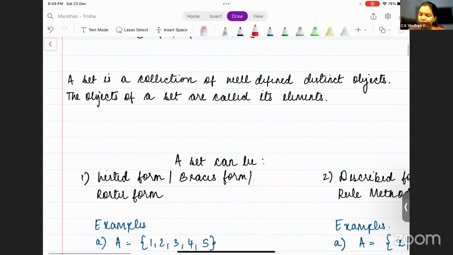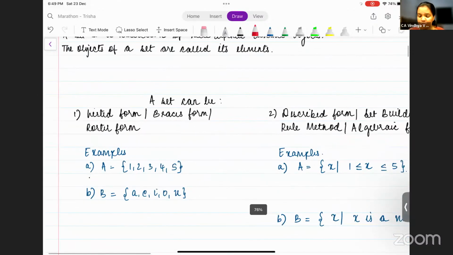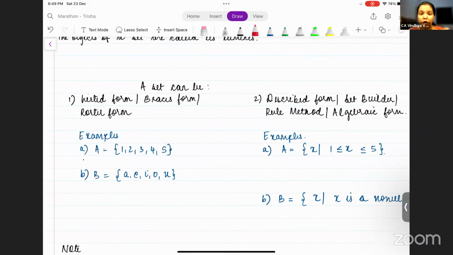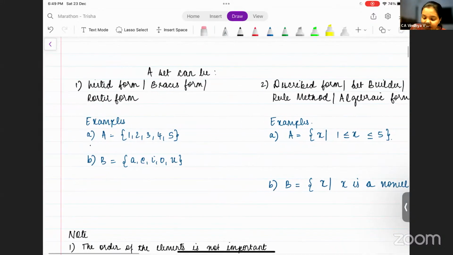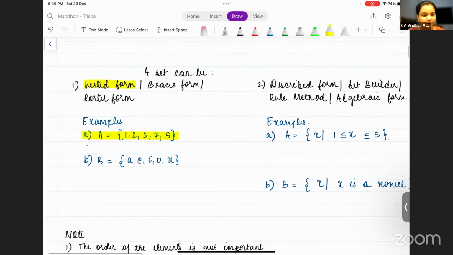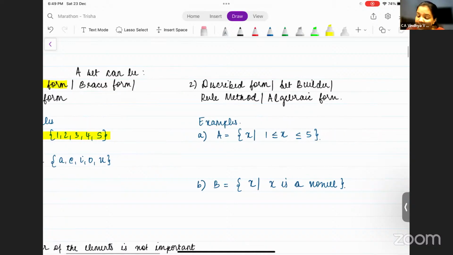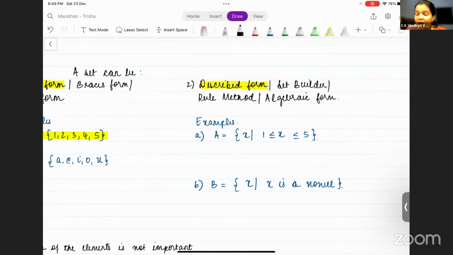A set can be given in 2 forms: listed form, also called braces form or roster form, or described form, which is also called set builder, rule method, or algebraic form. Listed form is where the elements are mentioned. Described form is where you have to find the elements.